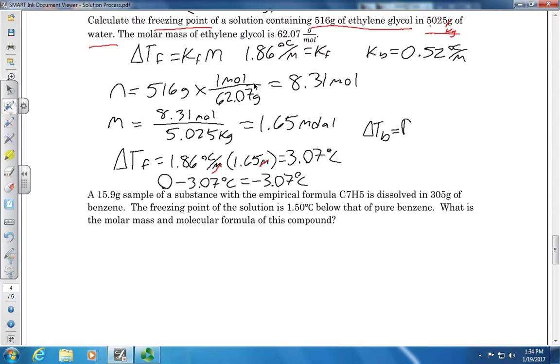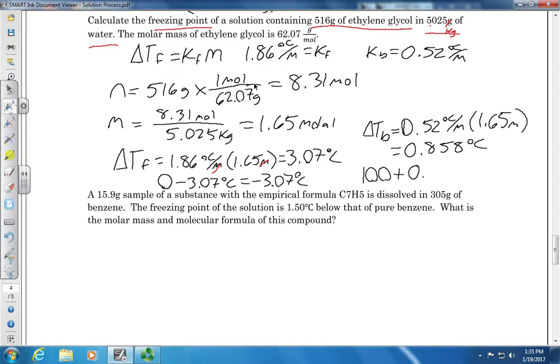So that's going to be 0.52 degrees C per molal times 1.65 molal, which will give us 0.858 degrees C.